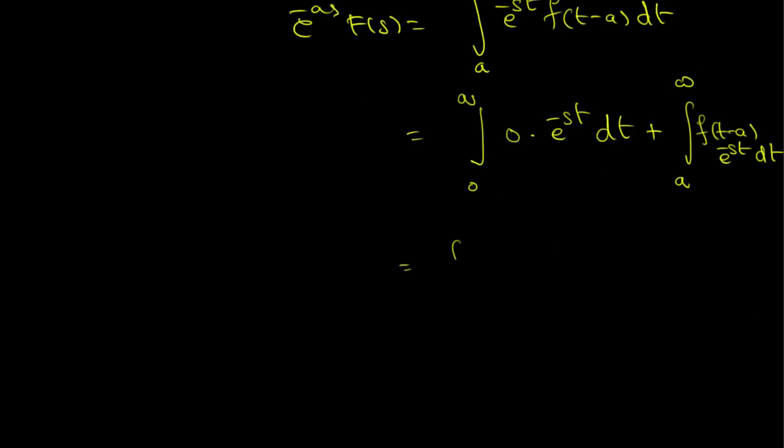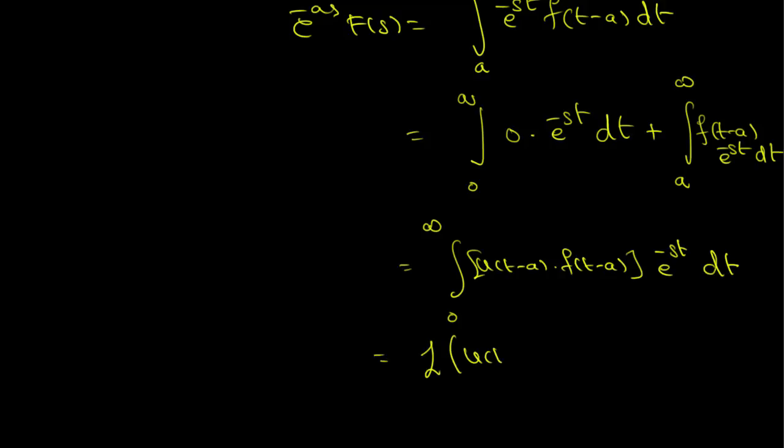Together this will become the integral 0 to infinity of u(t minus a) times f(t minus a) multiplied with e to the power of minus st dt, which is the Laplace transform of the function u(t minus a) times f(t minus a). This completes the proof of the theorem.